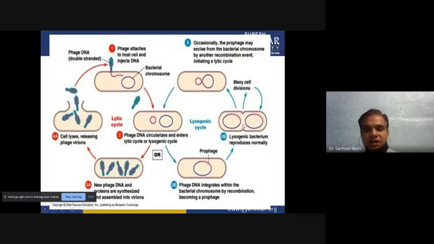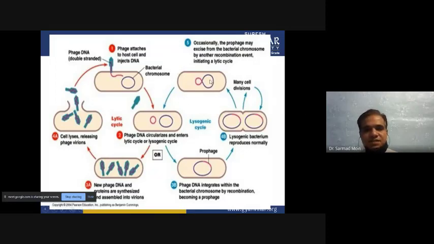When it multiplies, the population increases in the bacteria itself. So the number of bacterial cells harboring the bacteriophage DNA will increase. When the bacteria divide, their genome also divides, and so the number of bacteria having the bacteriophage genome will increase.